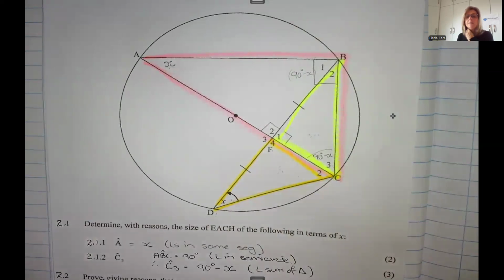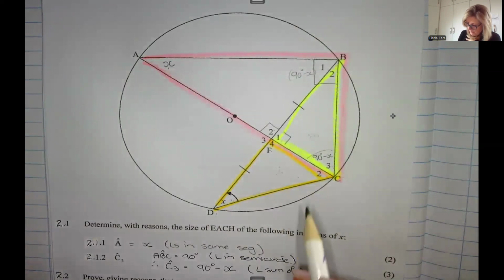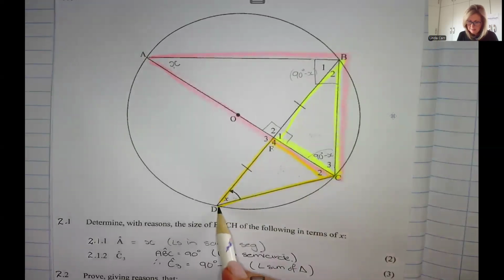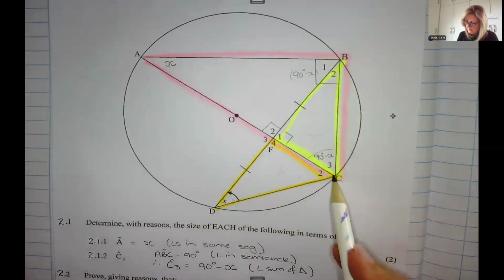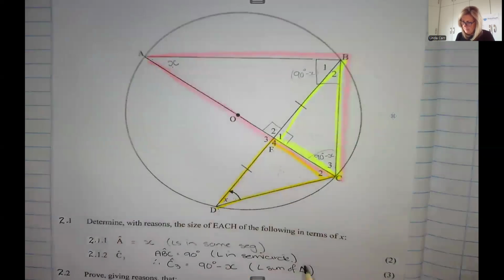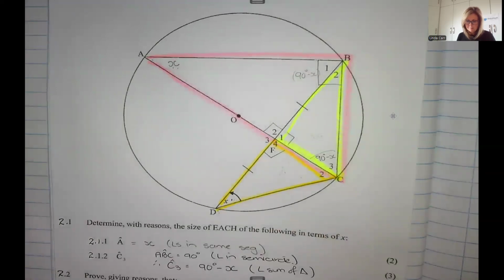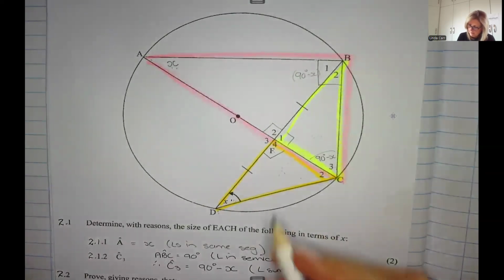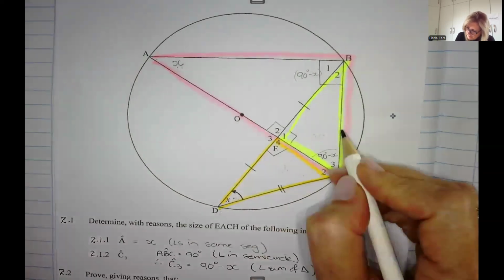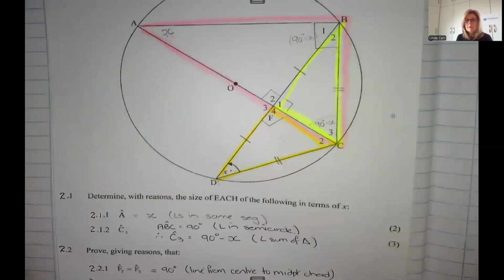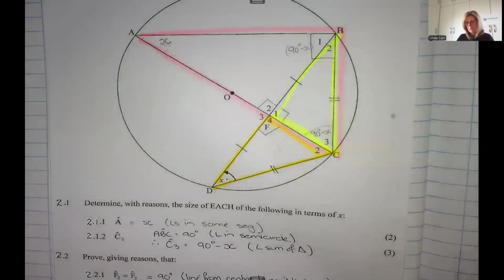So side angle side means that the triangles are congruent. So now I'm saying that triangle FCD is similar to triangle BCA. There's the X, there's the X, there's the 90, there's the 90. I can also say that CD is equal to BC. Okay, so it really works out beautifully and quite simply.